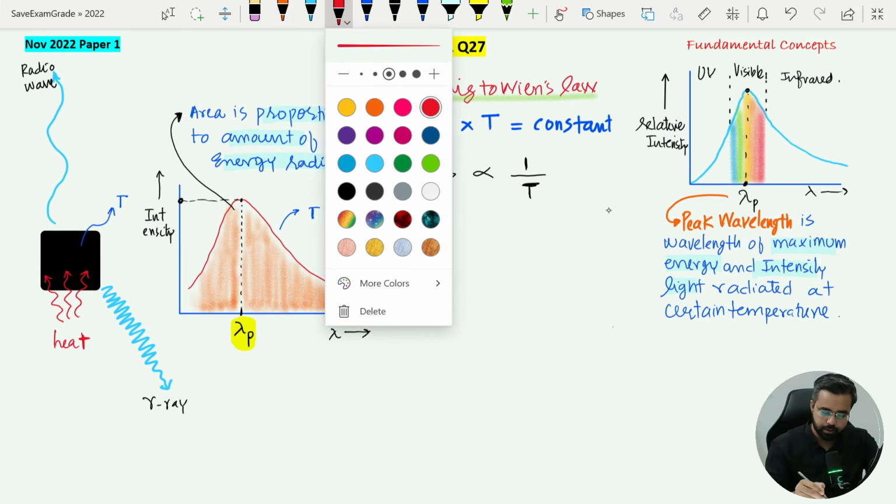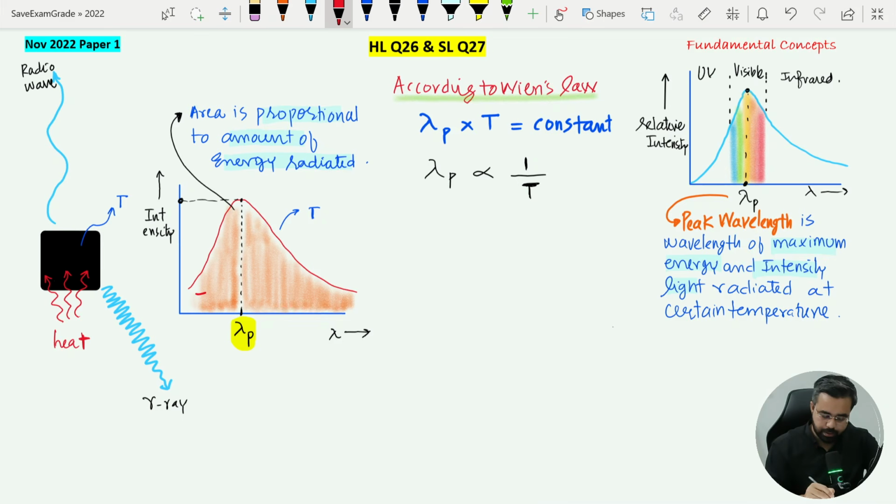for example like this, as you see, it of course also has less area under its graph, this new graph, which means it is radiating a lesser amount of energy.